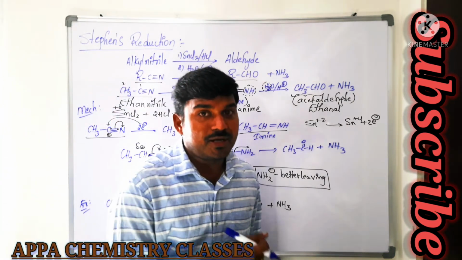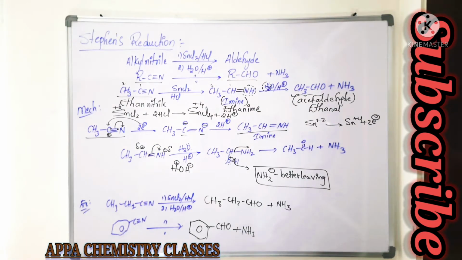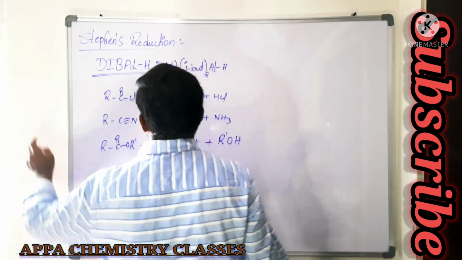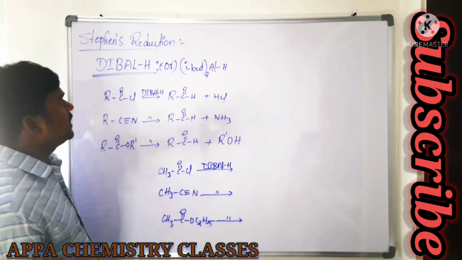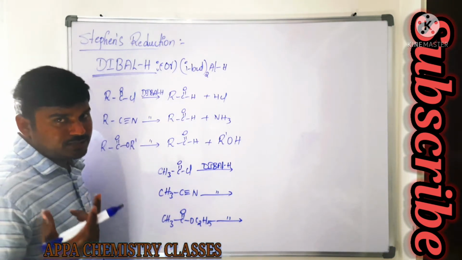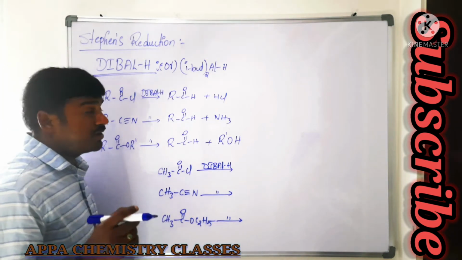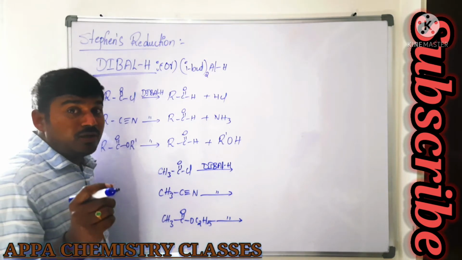Now we will see the DIBAL reagent. It is a continuation of the Stephen reduction. We are using SnCl2, that is stannous chloride in HCl. Stannous chloride with HCl is not that much preferred; we use it only in the case of nitriles.